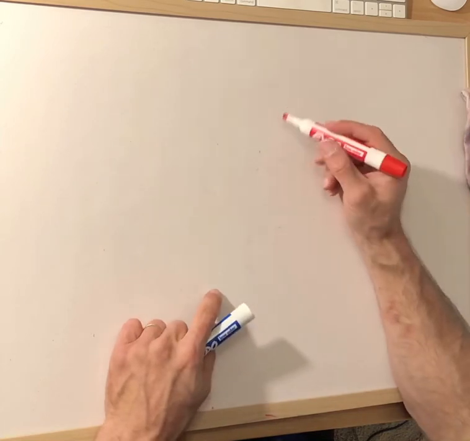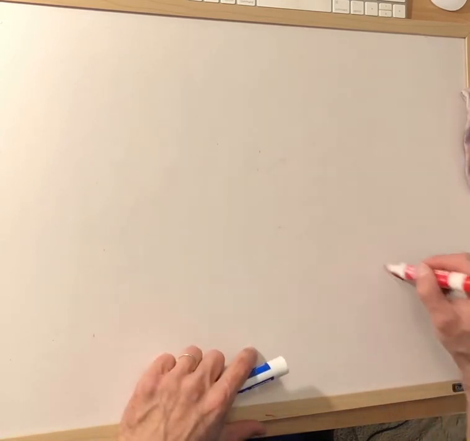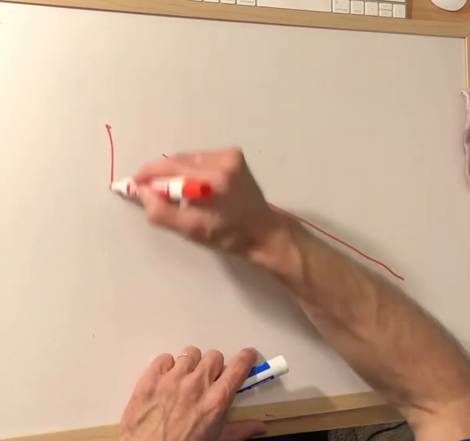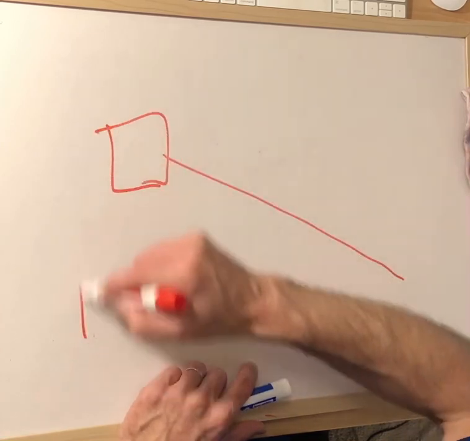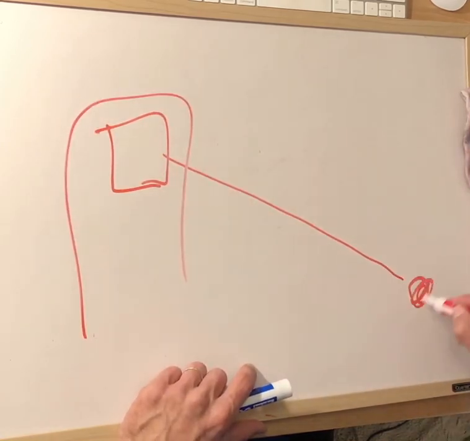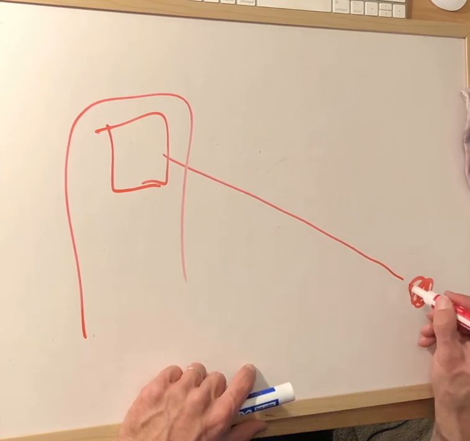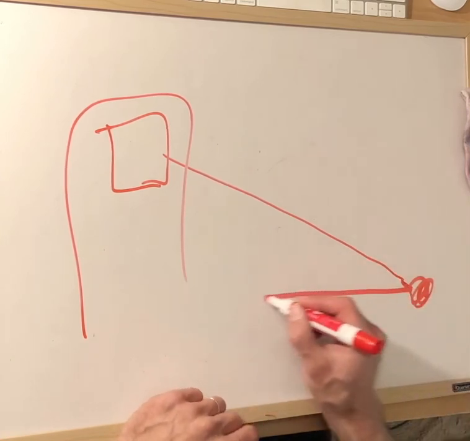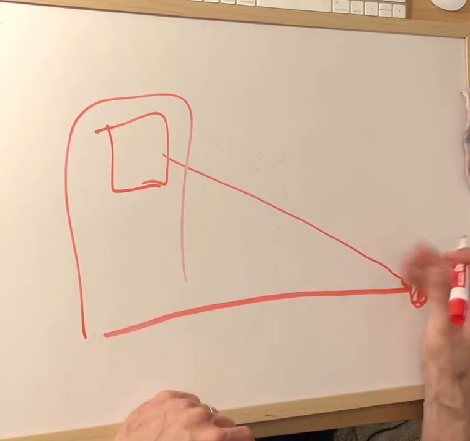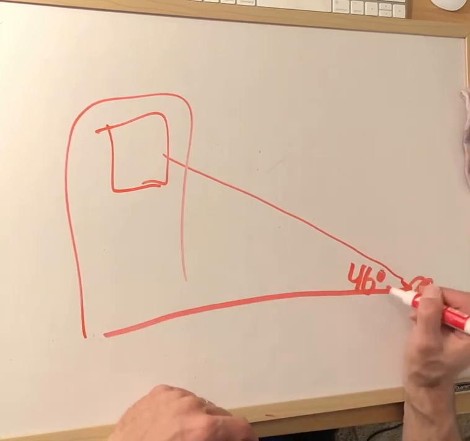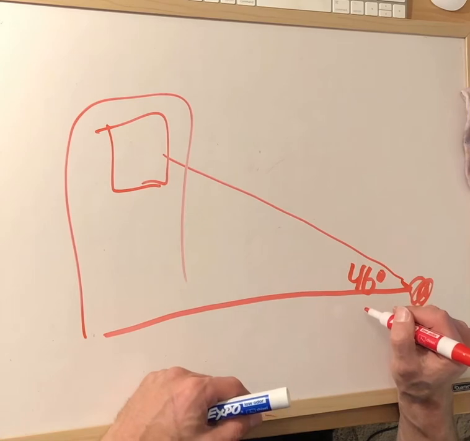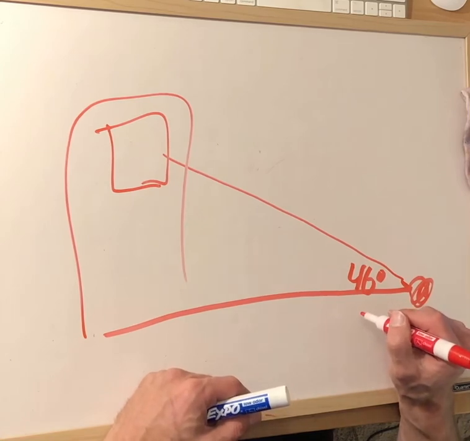Okay, a photographer points a camera at a window. Boom, there's the window up here in the building. Here's the camera right here. At an angle of, so normally straight across, and then he tilts it up 46 degrees. The camera is 60 meters from the building.